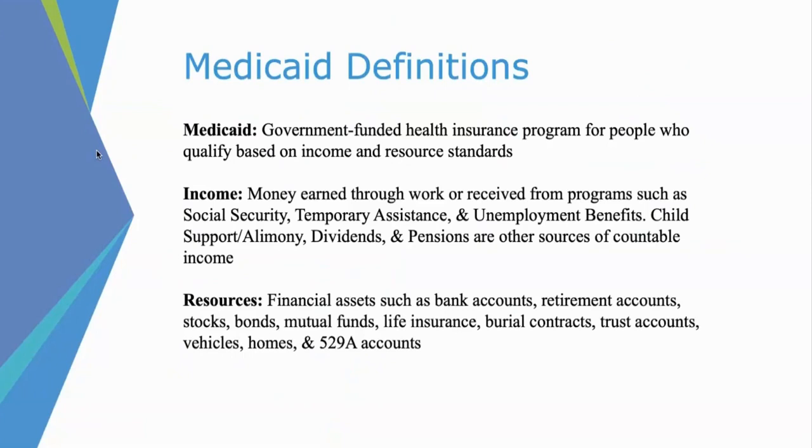Child support, alimony, dividends, and pensions are other sources of countable income. And then resources. What are resources? Well, they're financial assets such as bank accounts, retirement accounts, stocks, bonds, mutual funds, life insurance, burial accounts, trust accounts, vehicles, homes, and 529A accounts. Next slide, please.